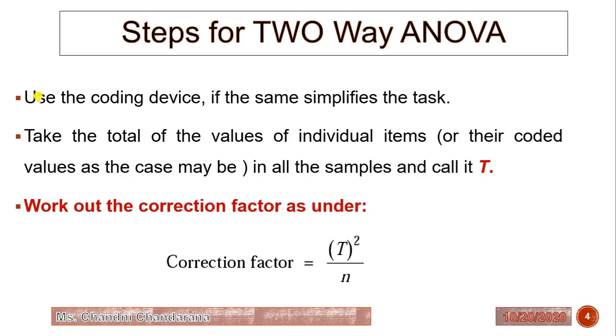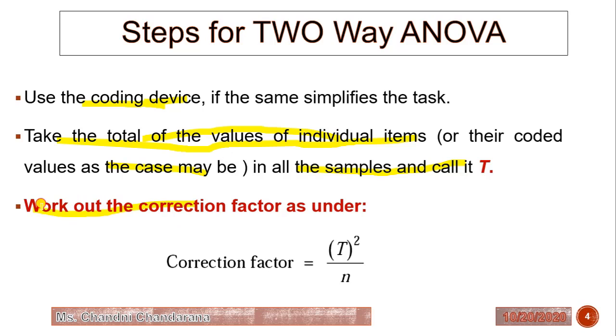So what are these steps? First step: we can use the coding device to simplify the task. After deciding the code, take the total of the values of individual items, their coded values, in all the samples and call it capital T. T is the total of values of individual items.